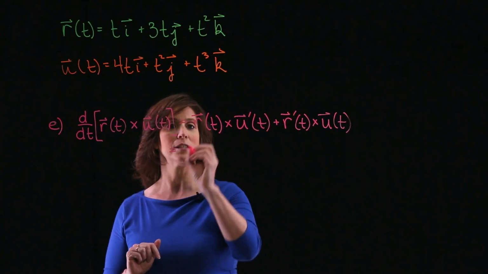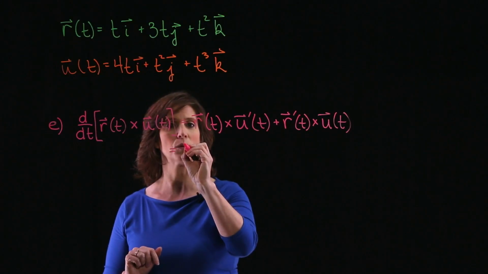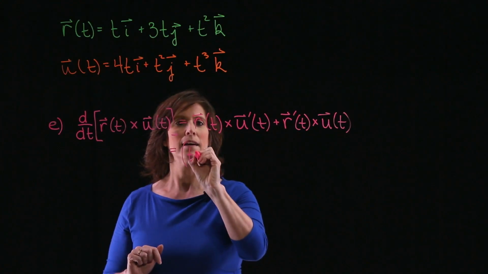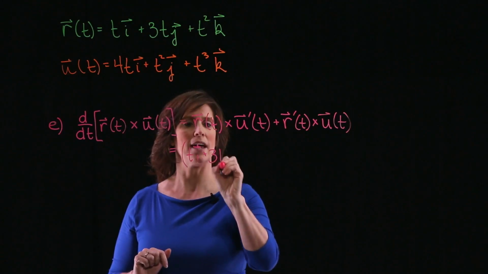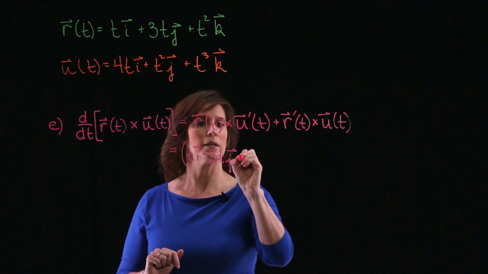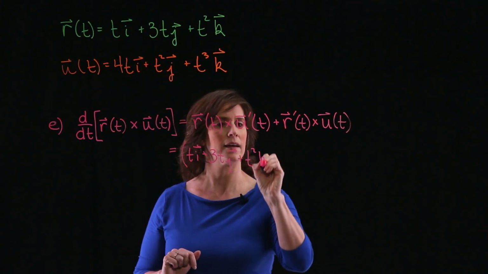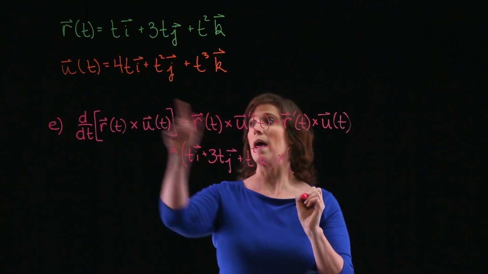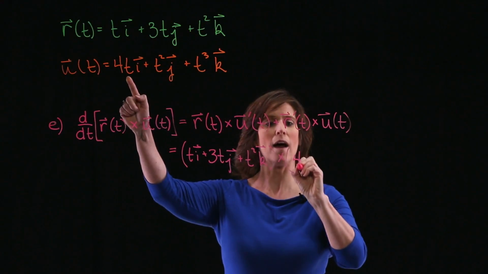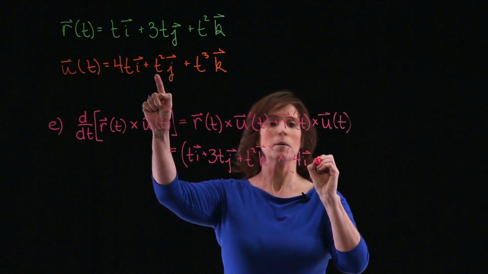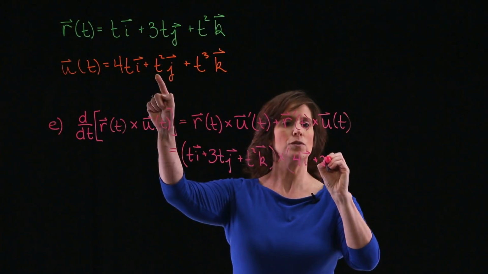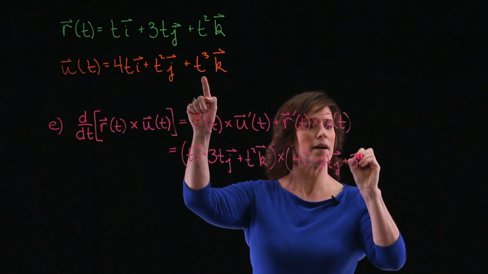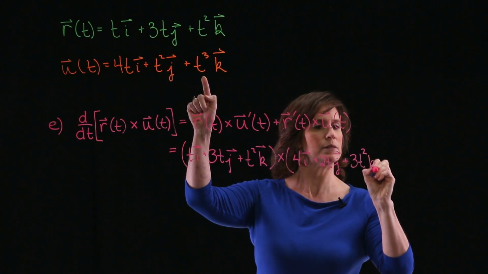Okay, so let's go ahead and plug in our information. I'm going to be taking the cross product of r of t, so that's going to be r is ti plus 3tj plus t squared k, and I'm crossing that with u prime. U prime will be 4i plus 2tj plus 3t squared times vector k.